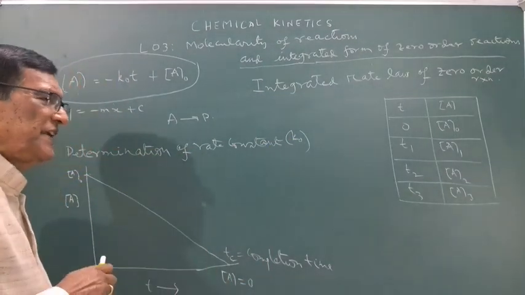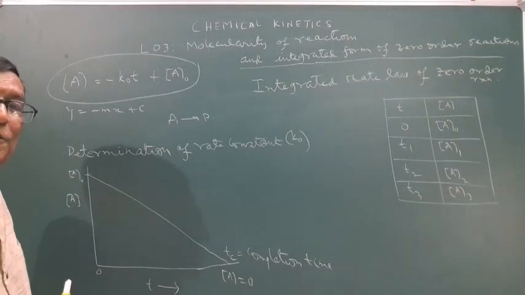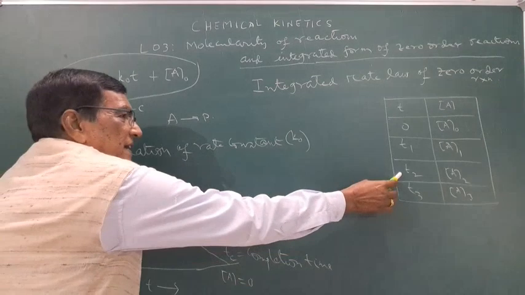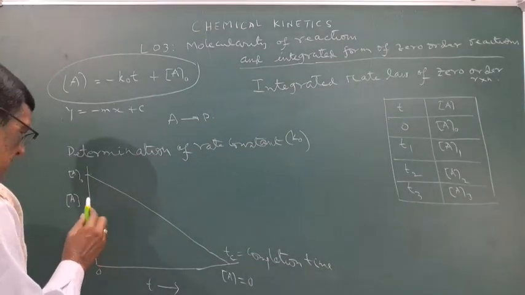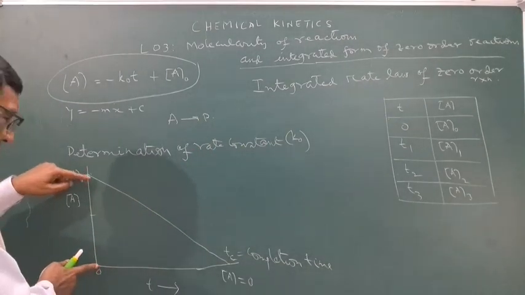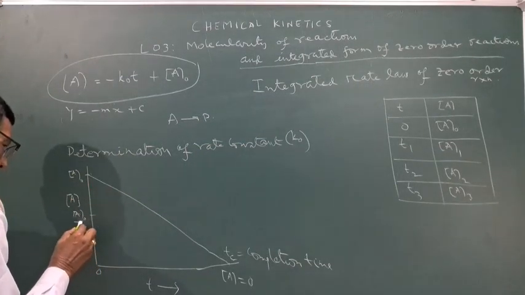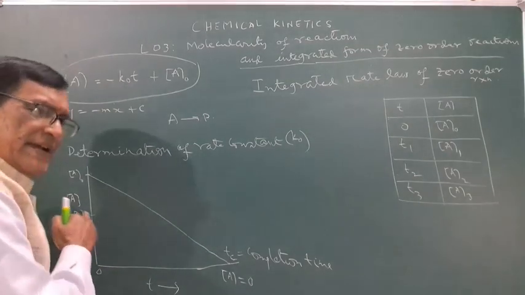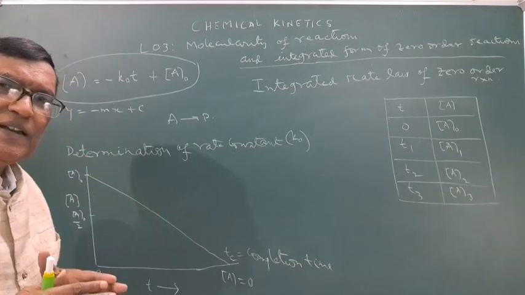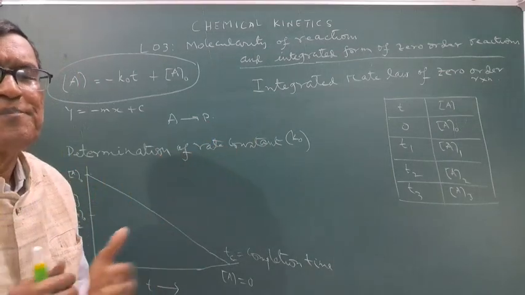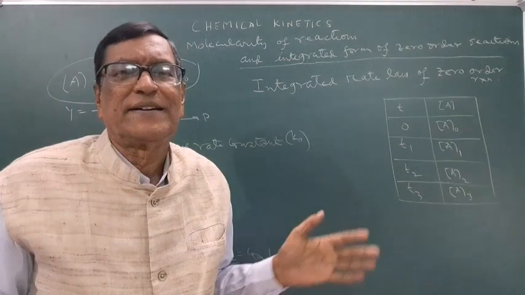And also you can determine from this graph, you will see how much utility of this kinetic data you can have. So this value is A0 by 2, meaning the concentration of the reactant is cut in half. Now half decomposition, or half of the reaction, is done.